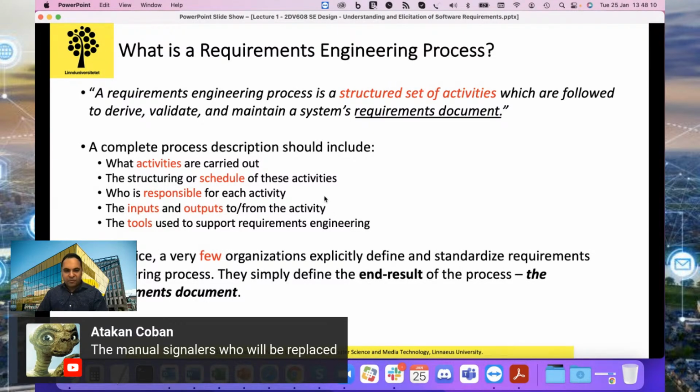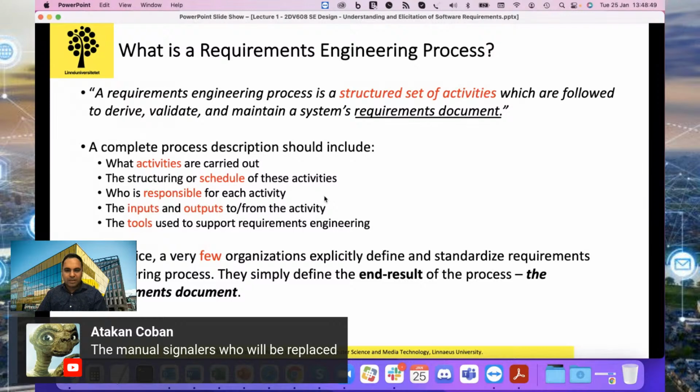In general, very few organizations tend to follow or have any requirements engineering process. Rather, they are more interested in the final outcome of this requirements engineering process, and that is the requirements document. So companies or organizations think that whenever they have this requirements document, they are done with the requirements analysis, and they start the development or testing right away.